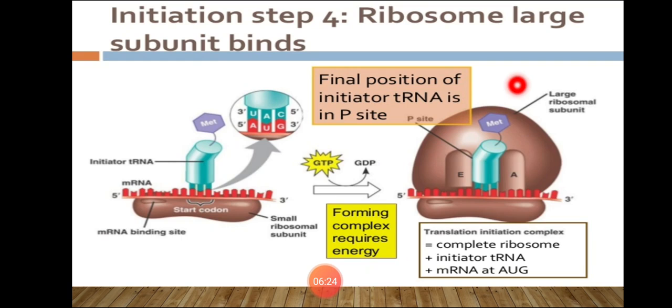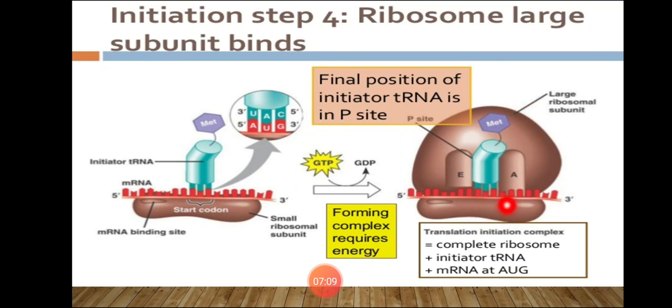You can see here that the large subunit and smaller subunit have both joined and assembled with each other, and the Mg+2 ion plays the important role in joining these two subunits. Now the initiator charged tRNA with the activated amino acid, that is methionine, is occupying the P site of the ribosome, as you can see in this diagram. The final position of the initiator tRNA is the P site and the A site is left vacant.